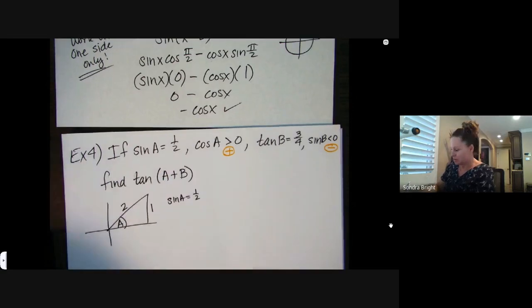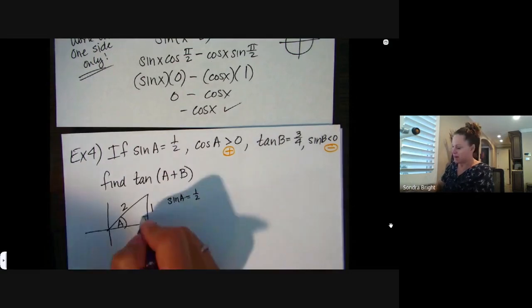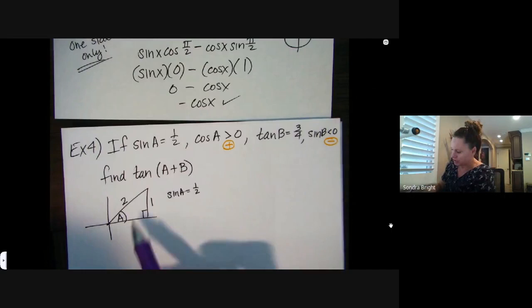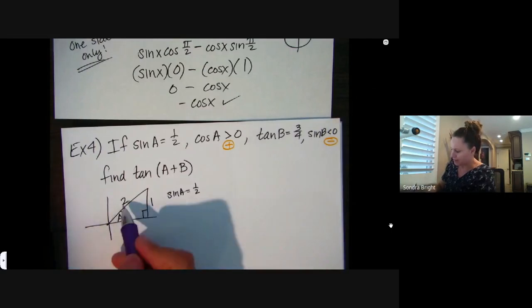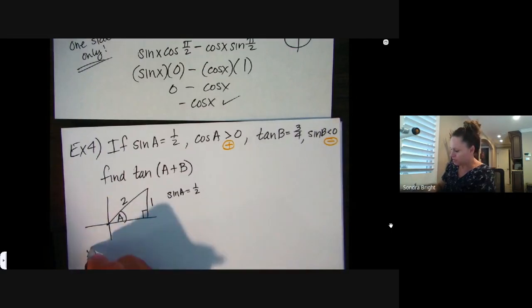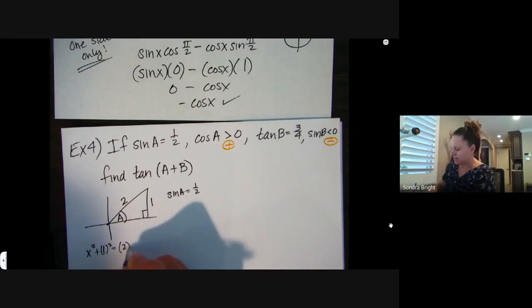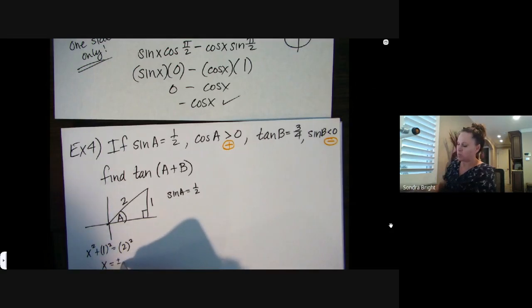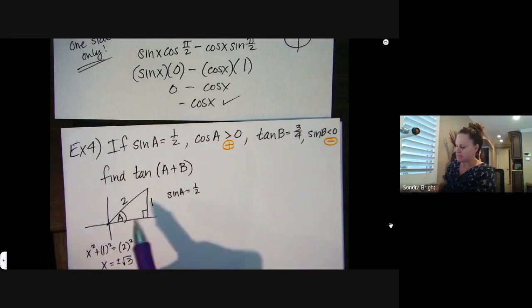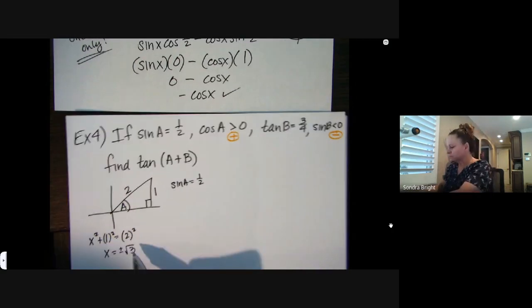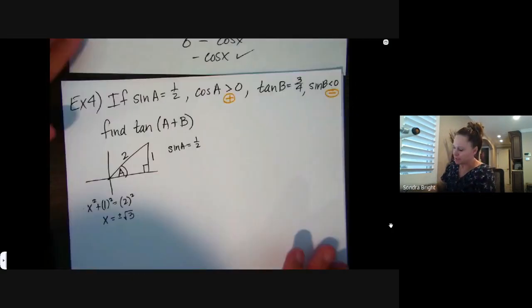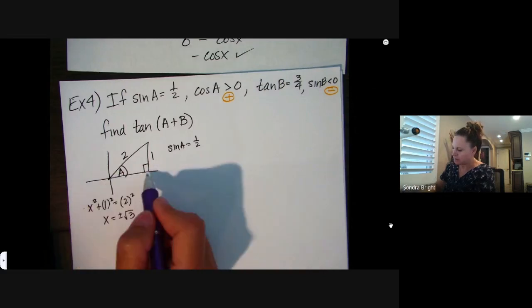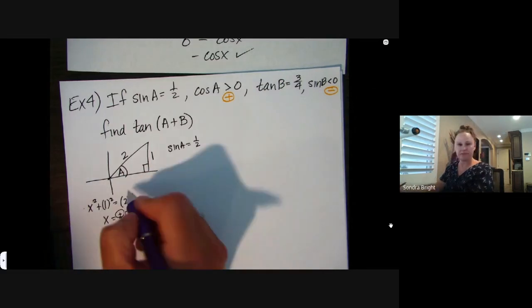Using the Pythagorean theorem, x squared plus 1 squared equals 2 squared, which means x will be plus or minus rad 3. Which one do you choose? 4 minus 1 is 3, taking the square root. You choose the positive because I'm in quadrant 1. So this is rad 3.